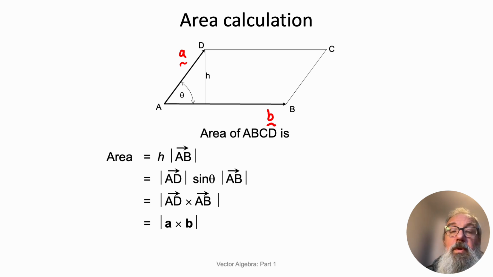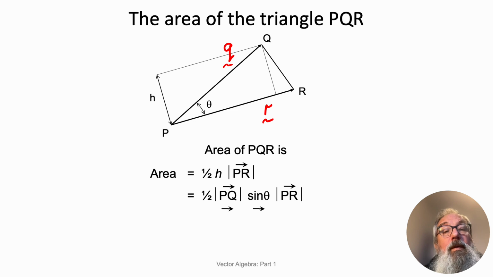Now, a parallelogram is not the most common shape we get, but we can do the same for a triangle. It's simply half of that parallelogram calculation, and we can make up all sorts of shapes with triangles and approximate curved surfaces, domes, for example. So extremely useful.